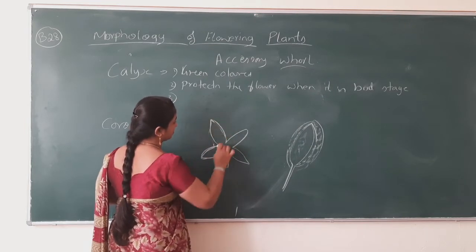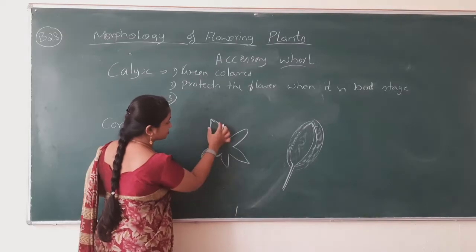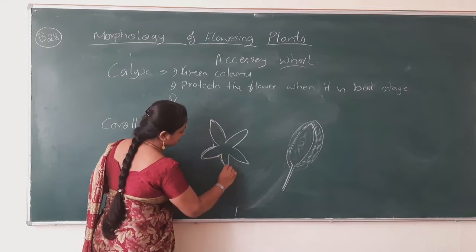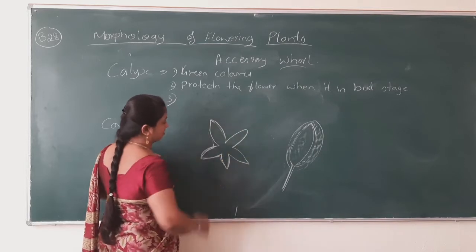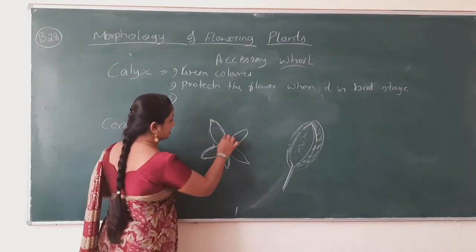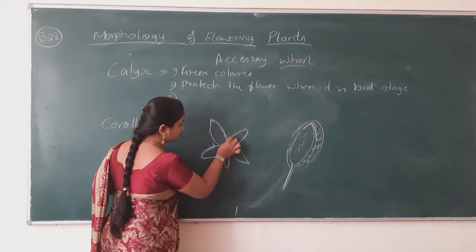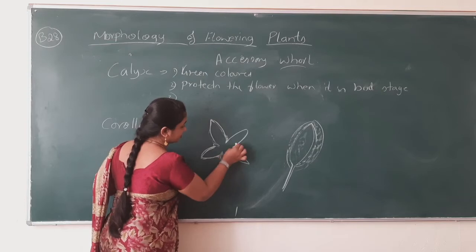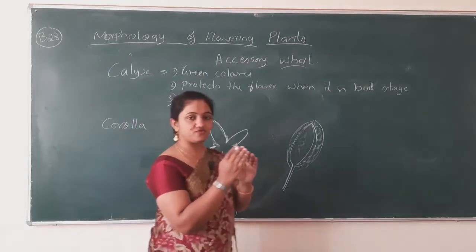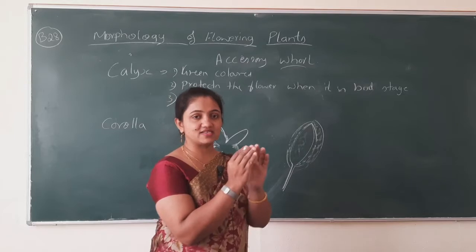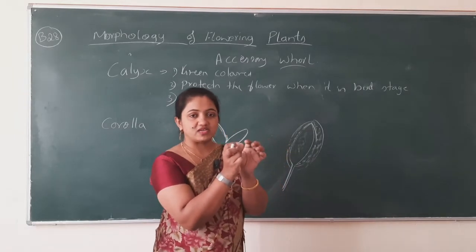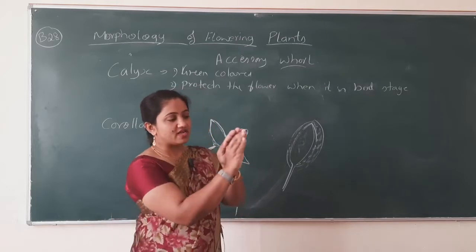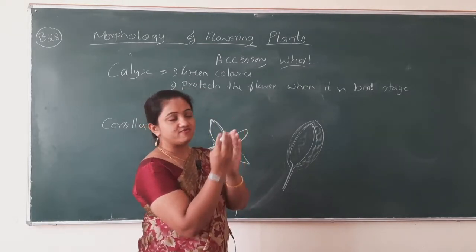This is one sepal, one more sepal, one more sepal, one more and one more. If all these parts of the calyx are fused with one another, they will not appear loosely arranged. They are compactly packed with one another.